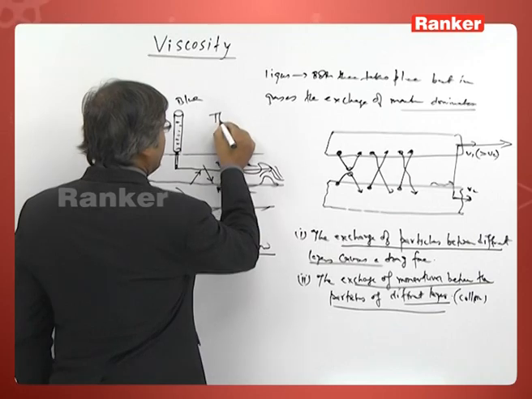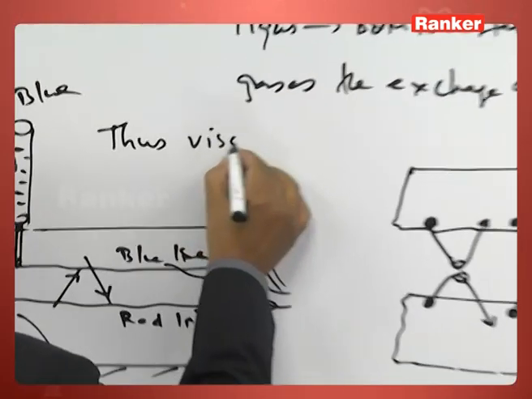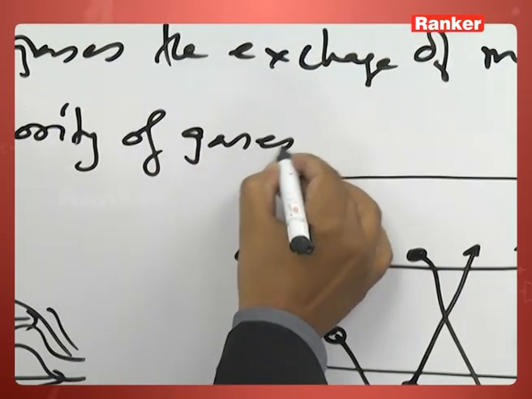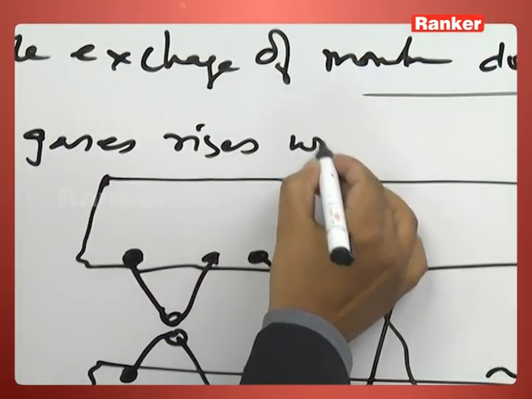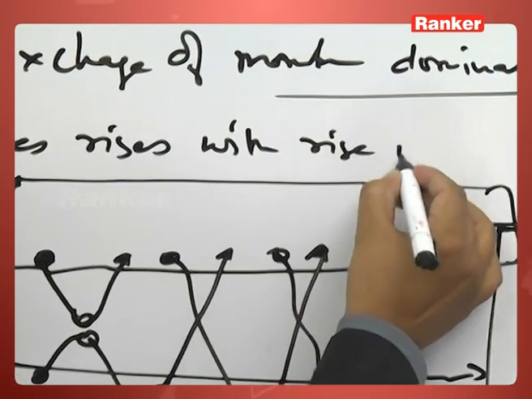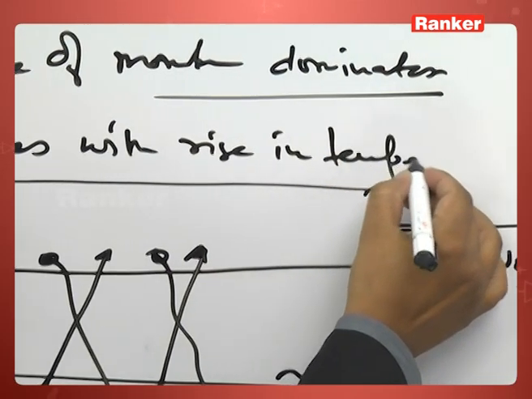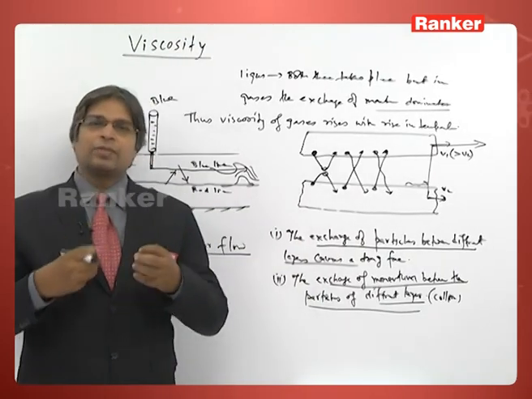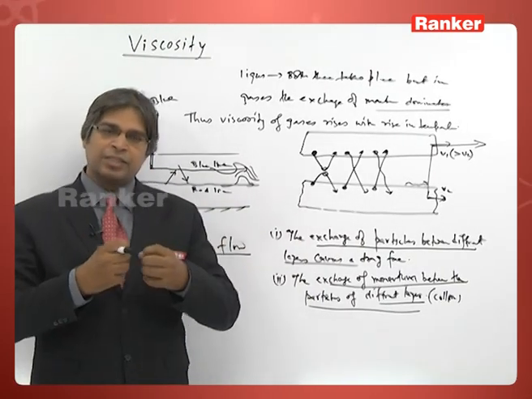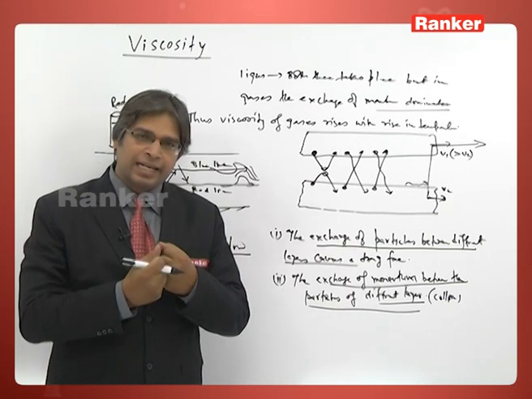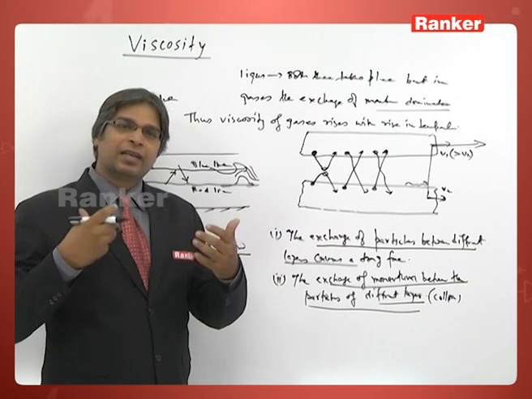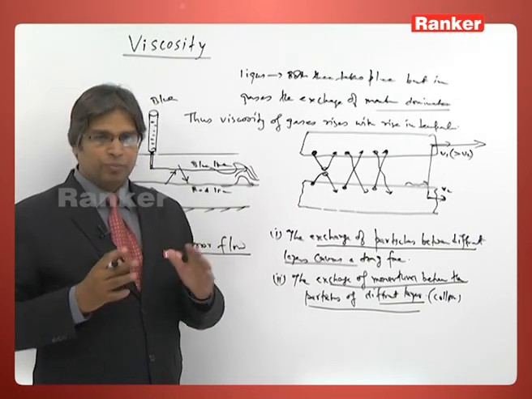Thus, we can say the viscosity of gases rises with rise in temperature. With rise in temperature, the RMS velocity of the gas molecules rises, they collide more frequently with larger velocity, therefore transferring more and more momentum, so their viscosity is more.